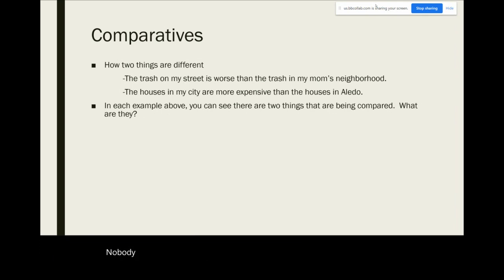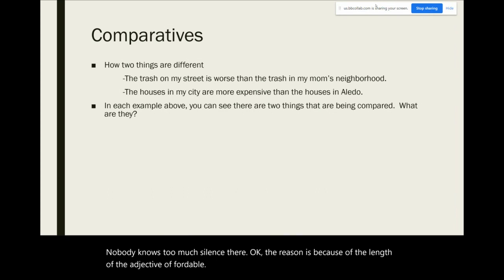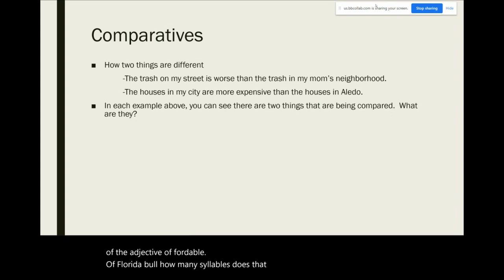Too much silence there. Okay, the reason is because of the length of the adjective. Affordable. How many syllables does that have? Four.